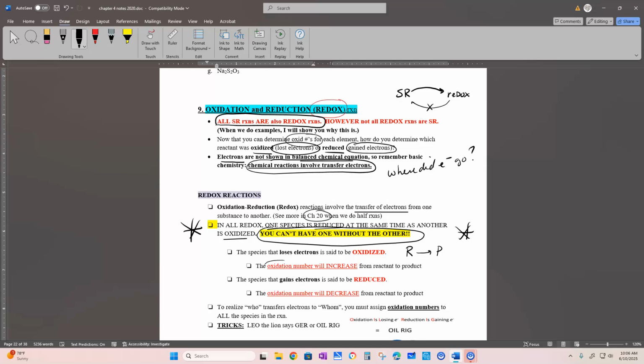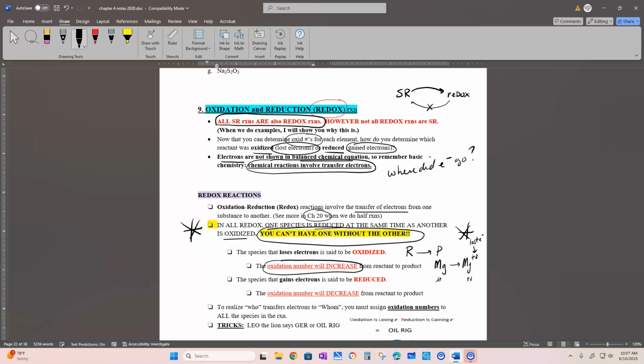You're going to also see this happen. The oxidation number increases from reactant to product. So like say I have magnesium, and I say it went from magnesium 0, the neutral form, to magnesium +2, I see the charge. He lost 2 electrons. And how do we know that?